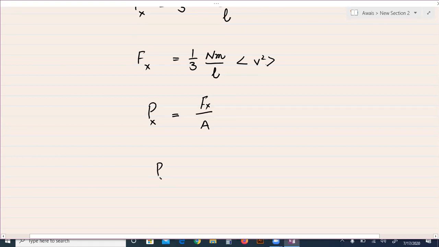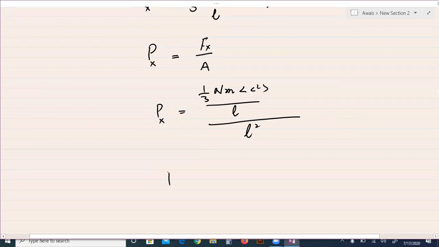So the pressure along the x-axis, force is 1 by 3 Nm c square over L, divided by area, which is L square.